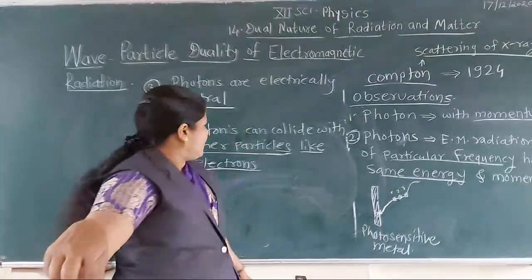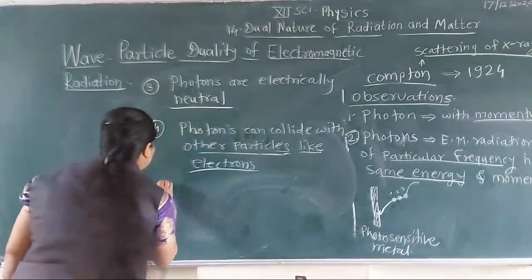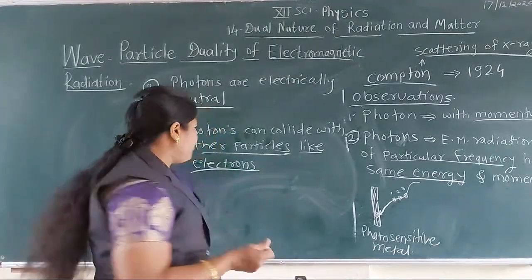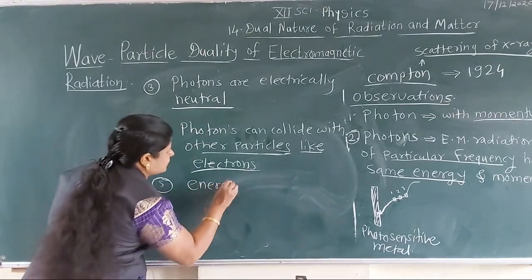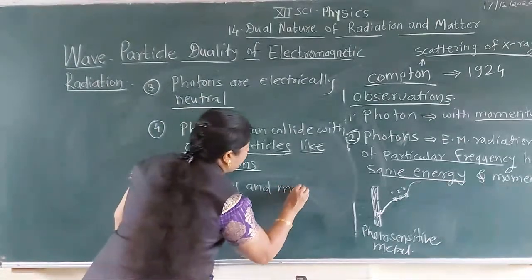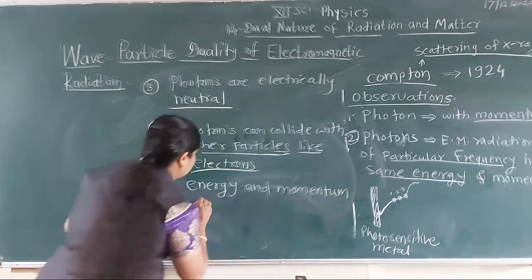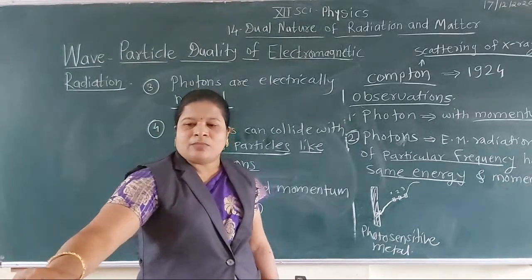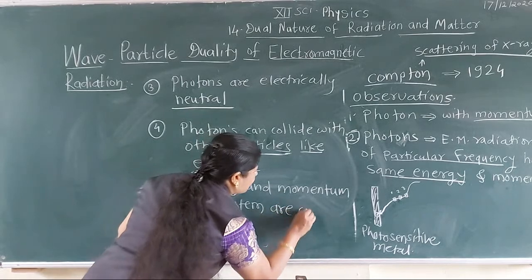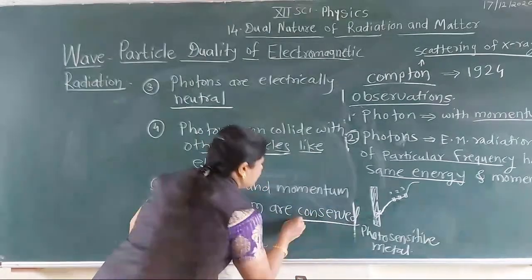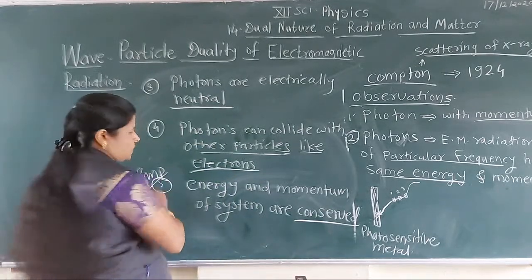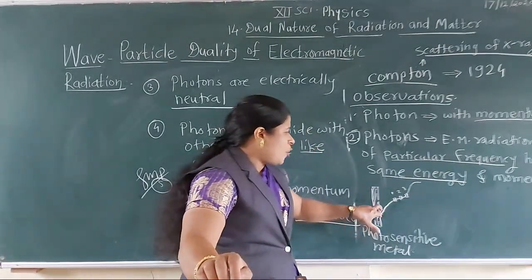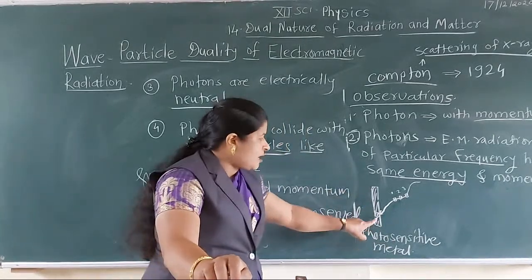So, the next important observation: in photon-particle collision, energy and momentum of the system are conserved. This is the important observation. When there is a collision between a photon and electrons, the photon transfers its energy to the electrons.